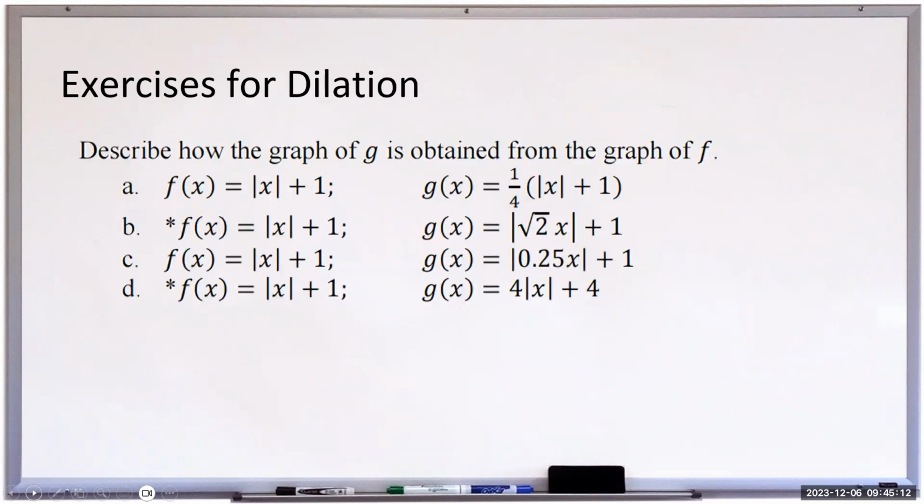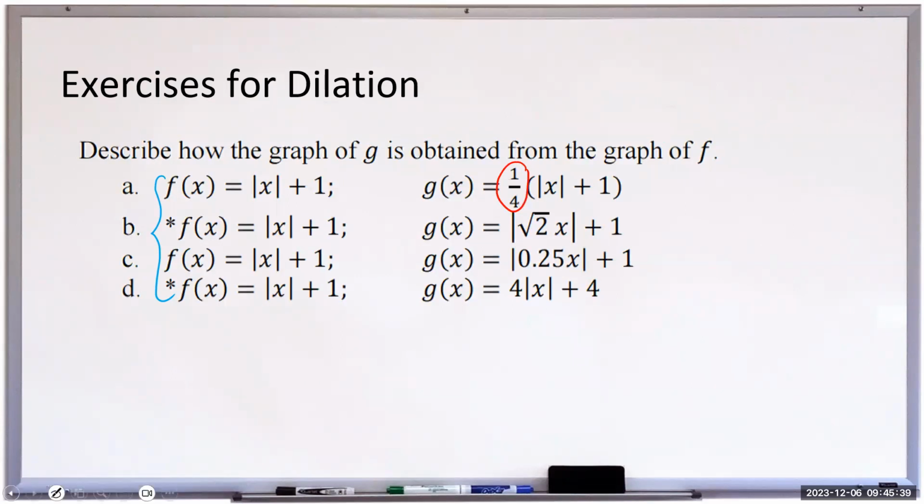Exercises for this type of transformation. Item number 1, describe how the graph of g is obtained from the graph of f. So again, these f functions right here are your parent functions. Okay? So for item A, since the multiplier is outside of the function, what type of dilation does this experience?